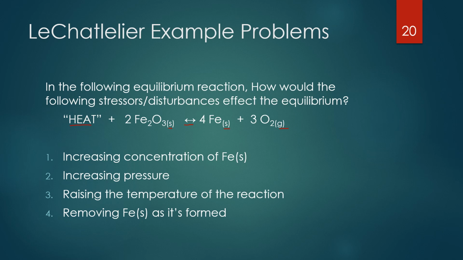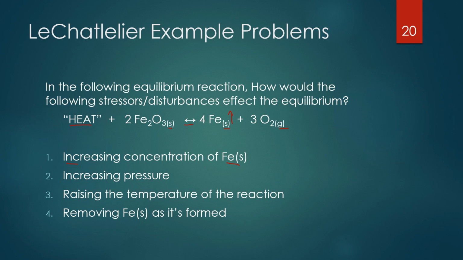Let's add a stressor. The first stressor we're going to look at is increasing the concentration of the solid iron. So this solid iron is on the product side, and it's increasing, so it's going up.